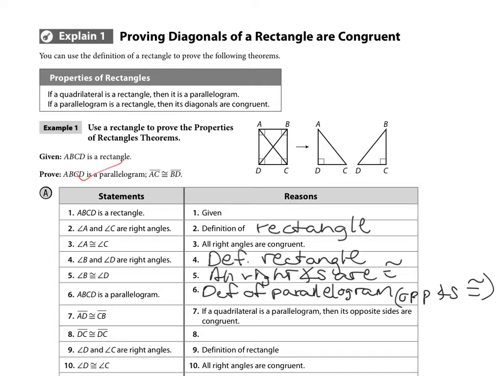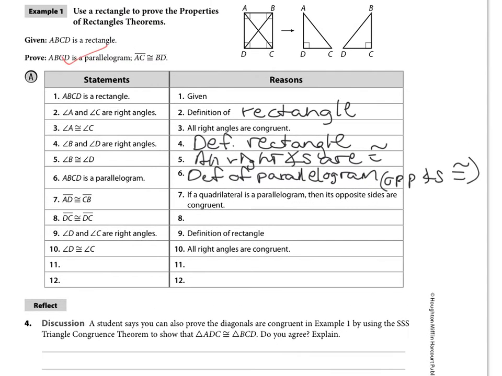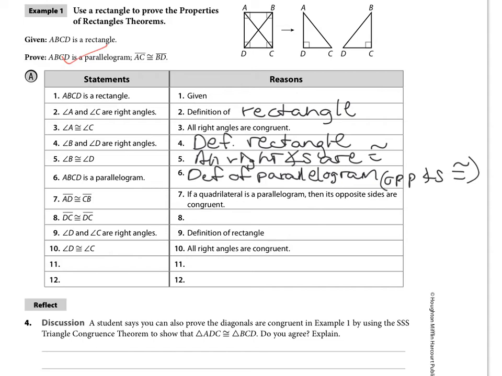Prove that it's a parallelogram. We've done that. Now what we need to prove is that AC is congruent to BD, that those diagonals are congruent. So what we're going to do as we're moving on in this proof here, I'll keep those diagrams visible for us.